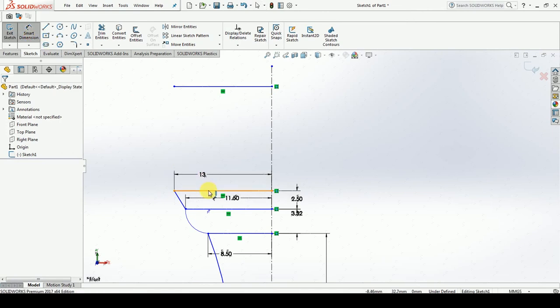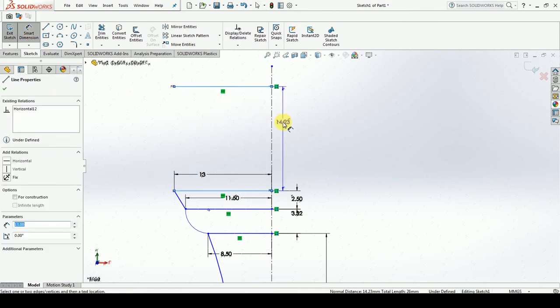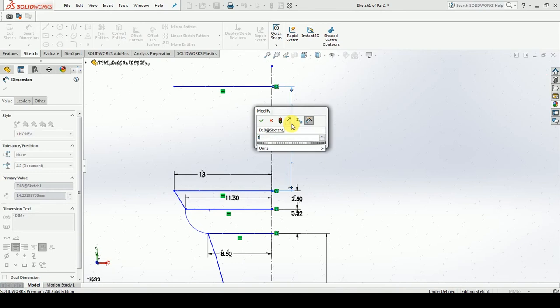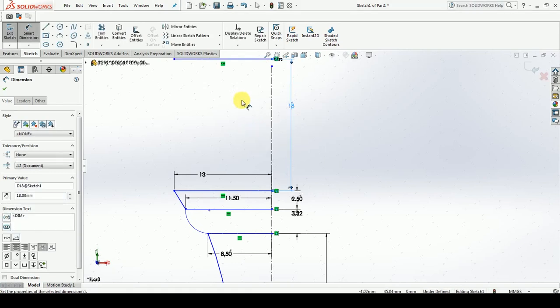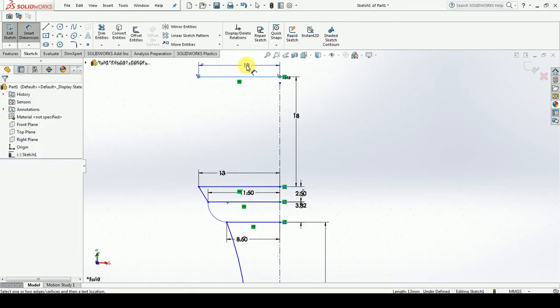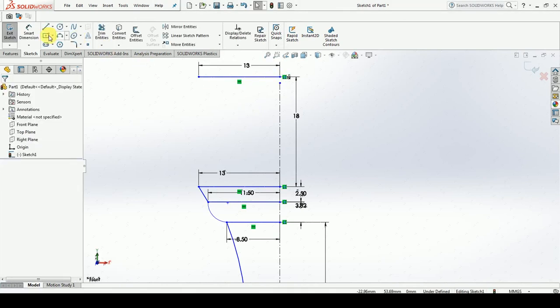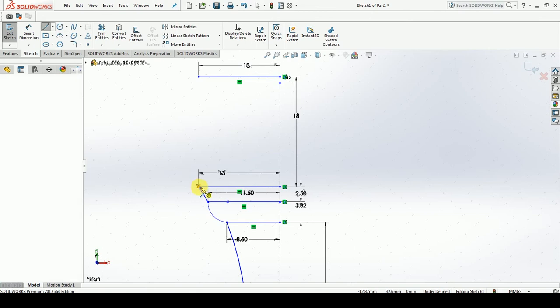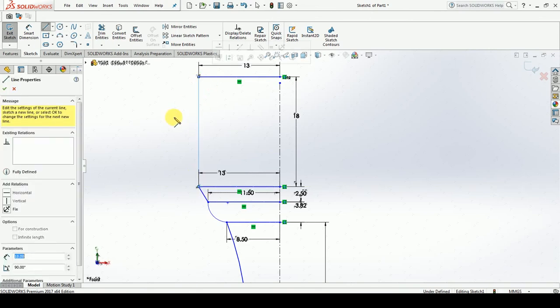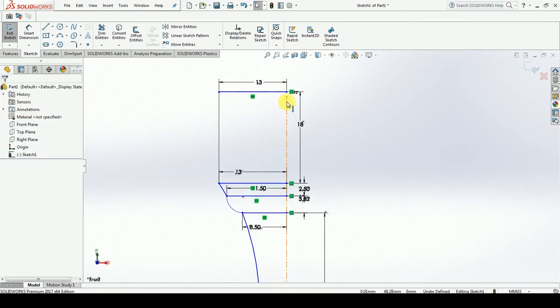The dimension of these two lines is 18 millimeter and this horizontal dimension is 13 millimeter. At the ends of these two lines, extend the center line.